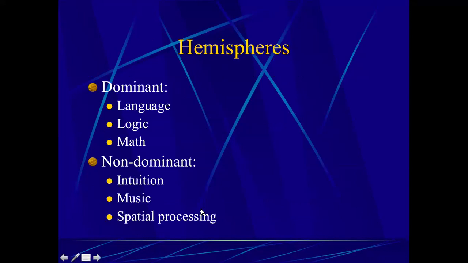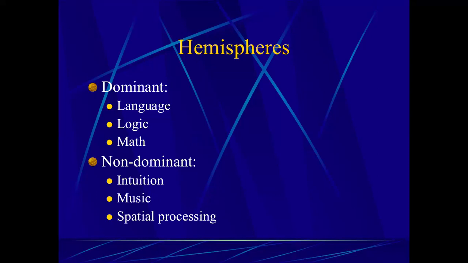Okay. Now, I mentioned that our dominant and non-dominant hemisphere, we have different things going on in the dominant hemisphere. Now, we're using a right-handed person as a frame of reference here. So in the dominant hemisphere, or the left hemisphere, you're going to see a lot of language, logic, and mathematical reasoning.